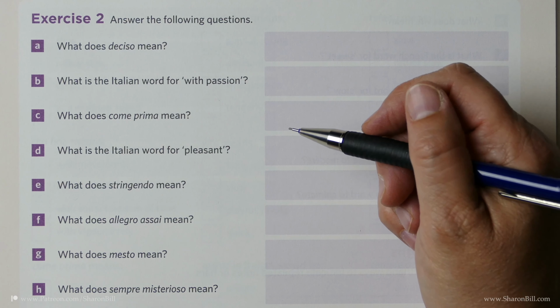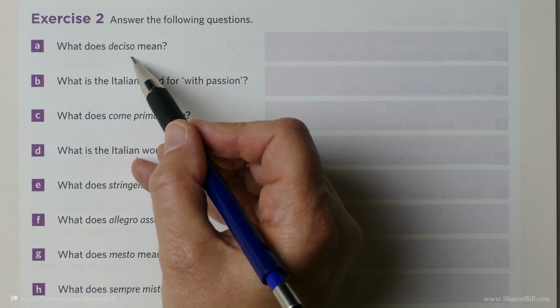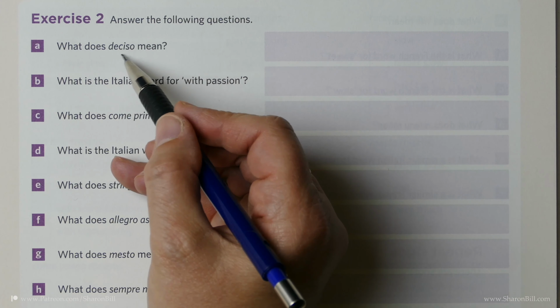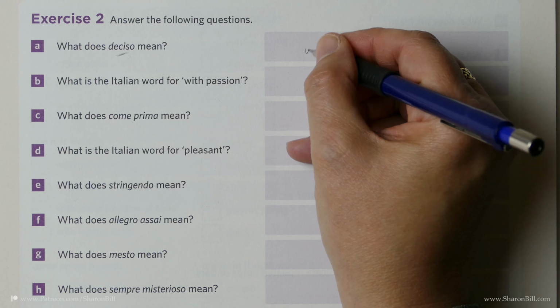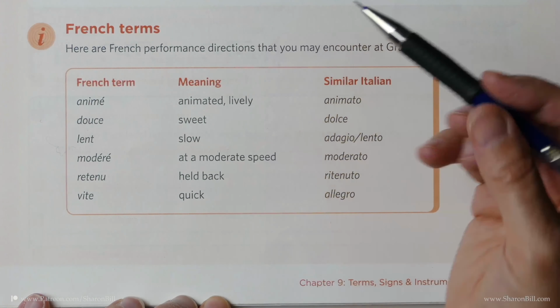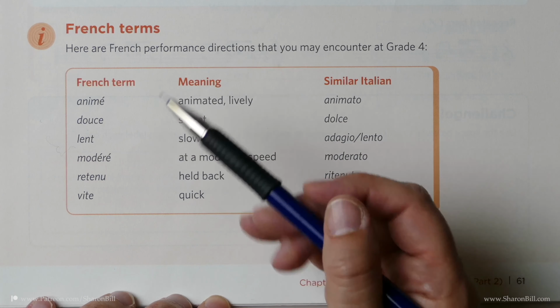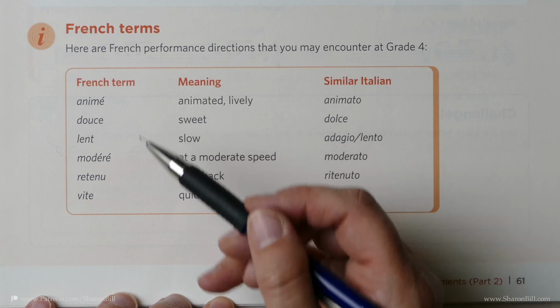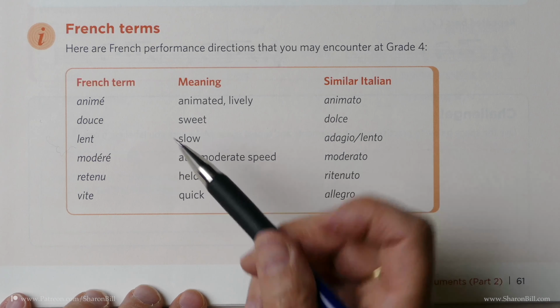And so let's just go in and answer these. So what does deciso mean? Well, we thought about that. Decisive was the clue there, and it's with determination. And so we do need to know some of these French terms, but again, they're not too far removed from the translation. And so we can see the root word.